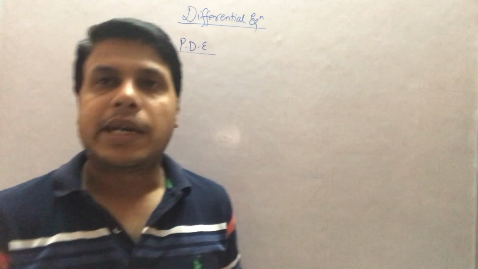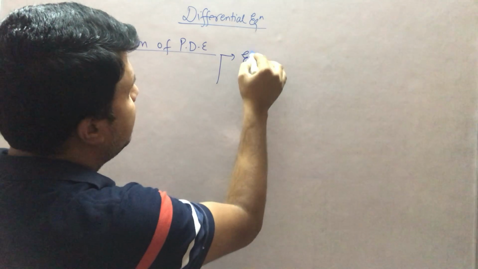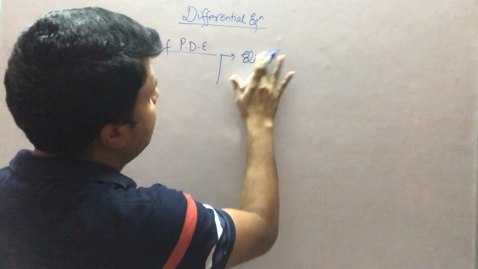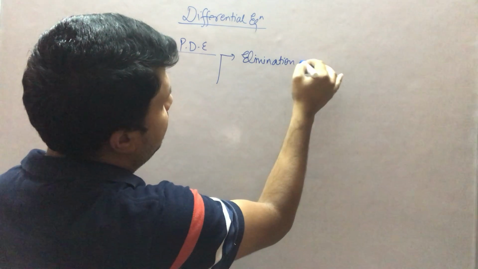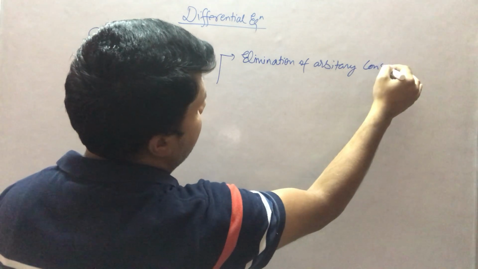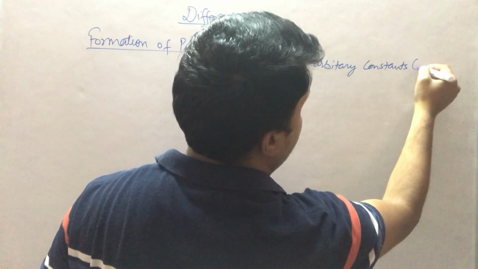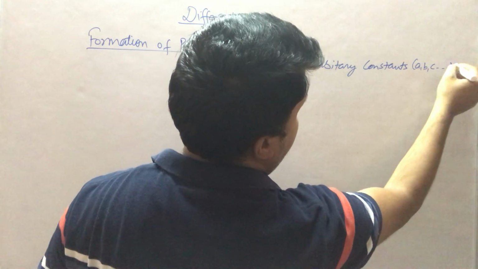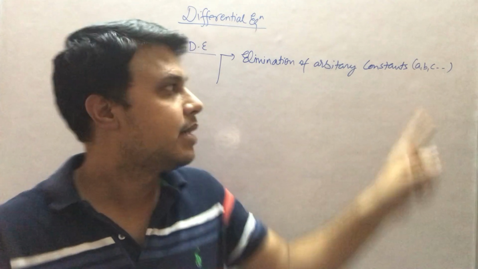The partial differential equation can be formed in 2 ways: by elimination of arbitrary constants a, b and c.